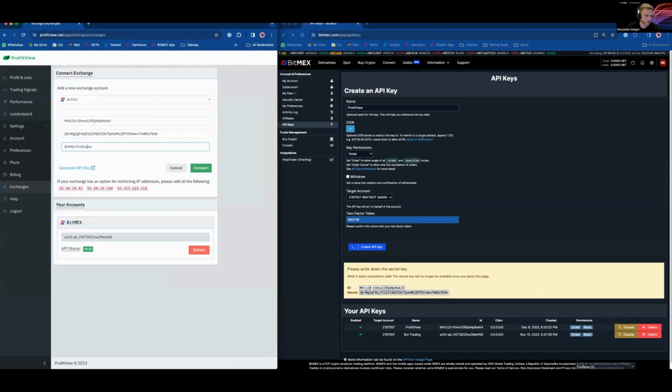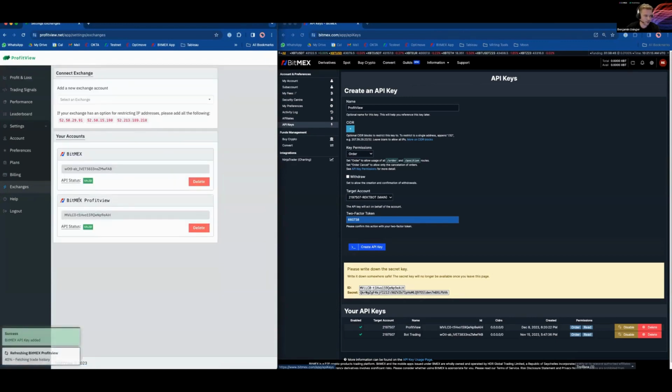Make sure to remember this name, as it will be important once you create your bot. And I go connect. And now I have essentially connected ProfitView to my bot. I have created an API key, and this bot will be able to execute orders on my BitMEX website, or on my BitMEX trading page. And that's it.